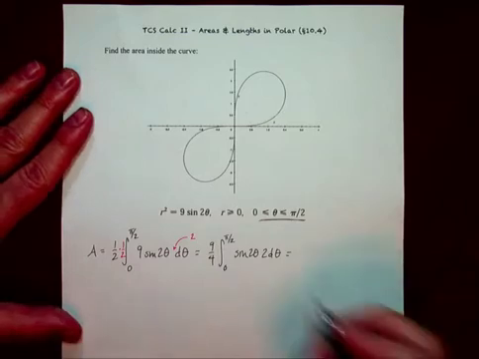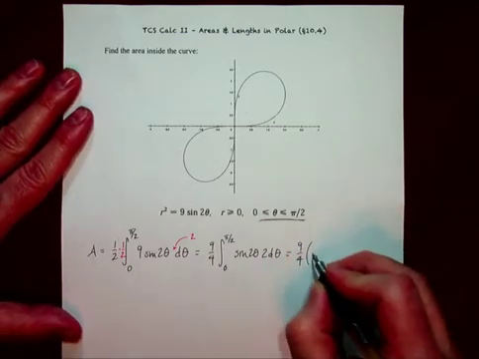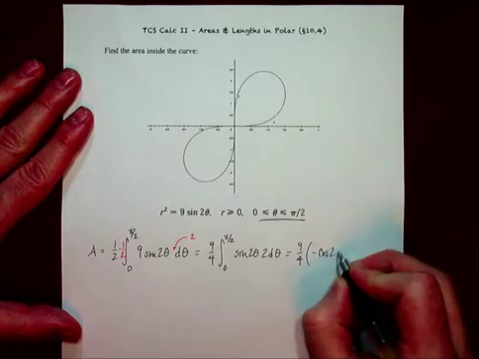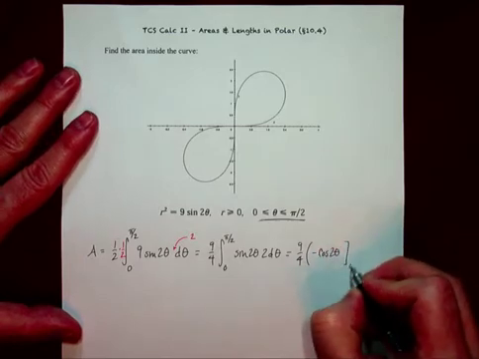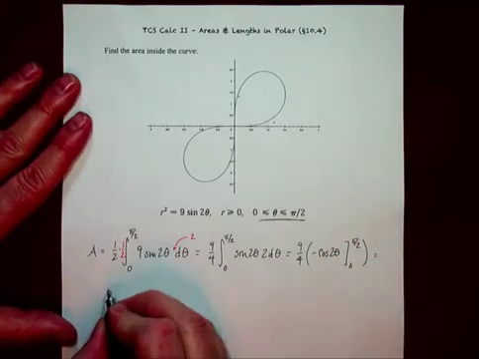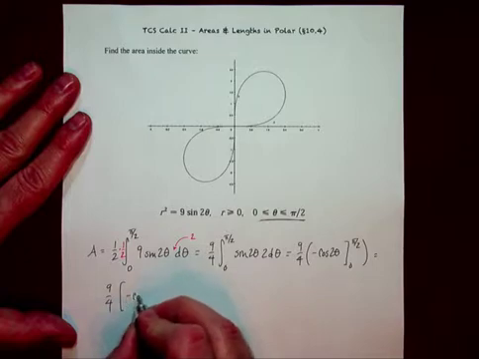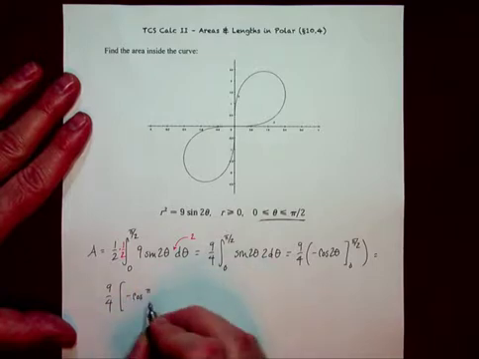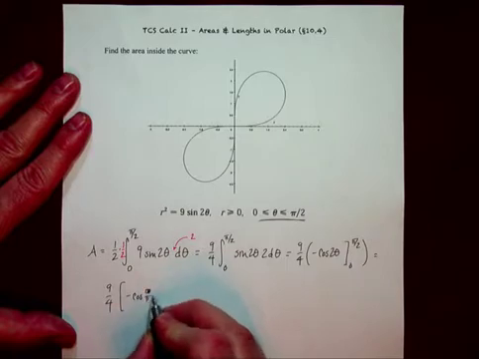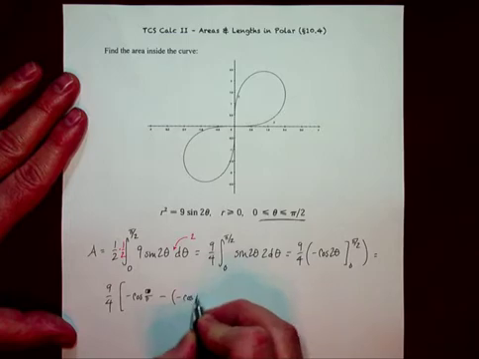Now when I integrate, that's going to wind up being 9/4 negative cosine of 2 theta from 0 to pi over 2. Well, that means it's 9/4 negative cosine of pi, because it's pi over 2 times 2, minus negative cosine of 0.